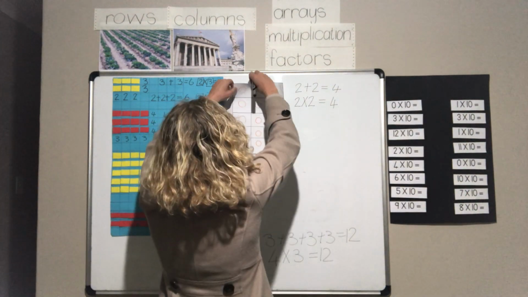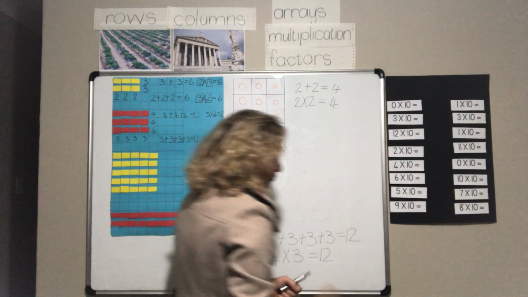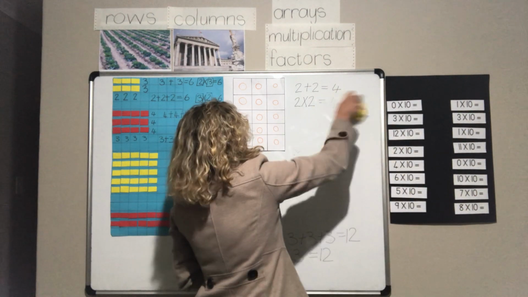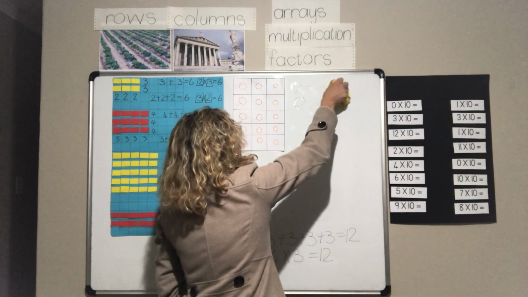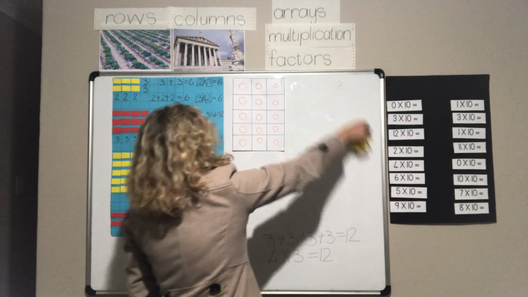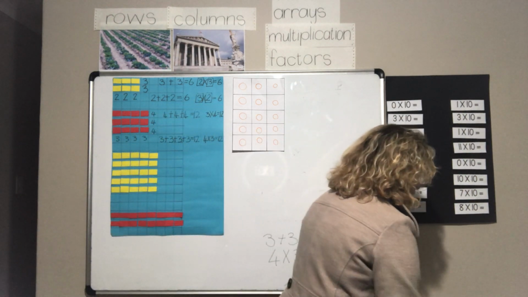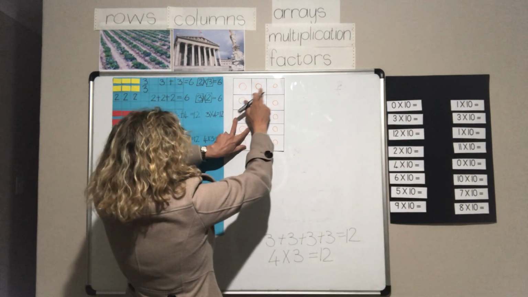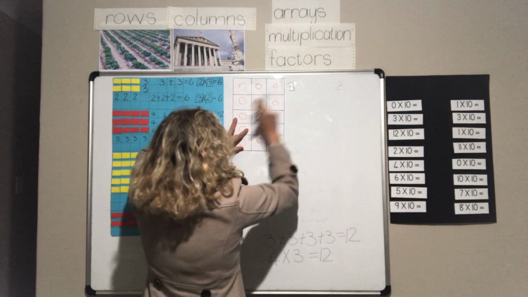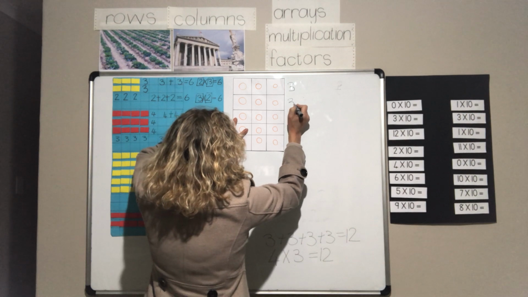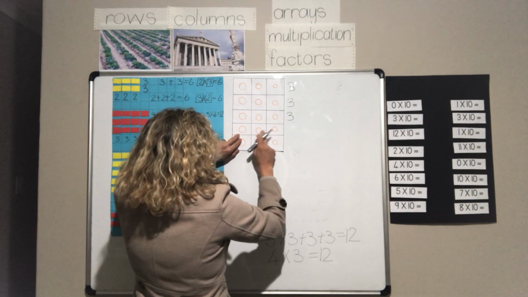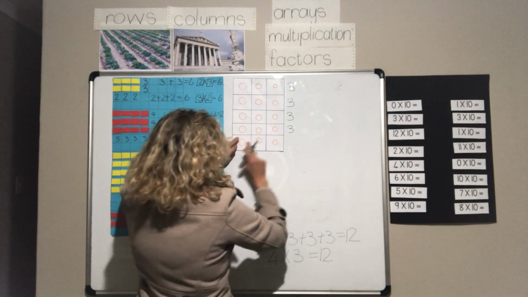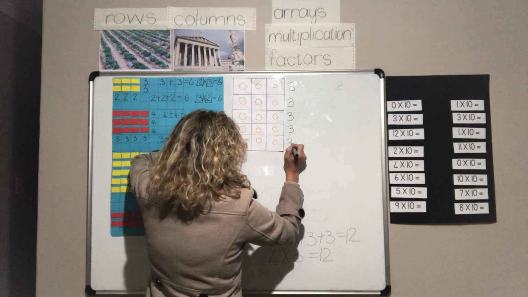Here's yet another example for you to see of an array with rows and columns. And we're going to do it like that. There we go. Try my best to take that off quickly. And there we go. Right, so now we have rows: 1, 2, 3 in that row, 1, 2, 3 in that row, 1, 2, 3 in that row, 1, 2, 3 in that row, 1, 2, 3 in this row.